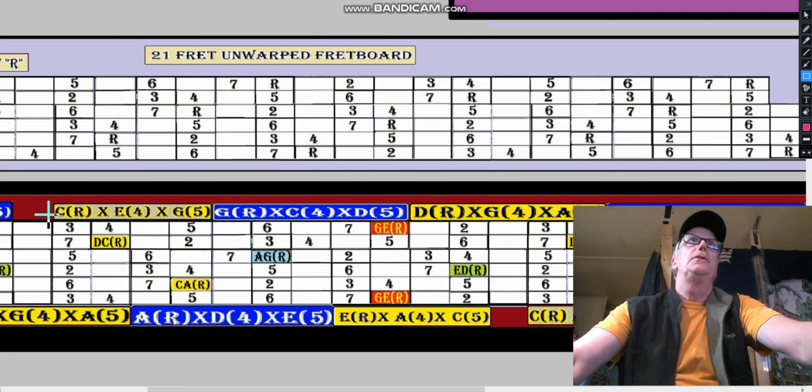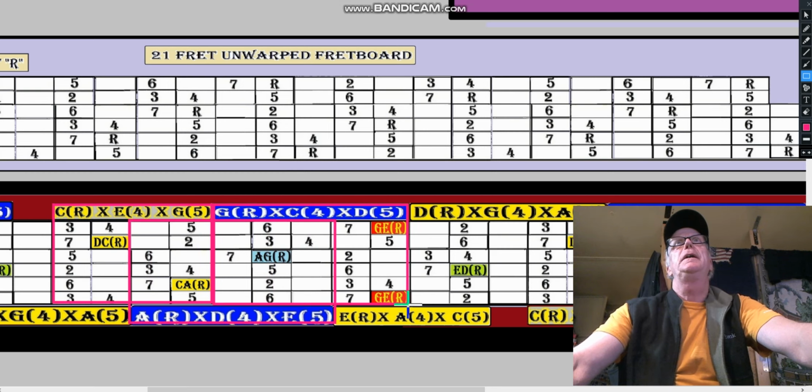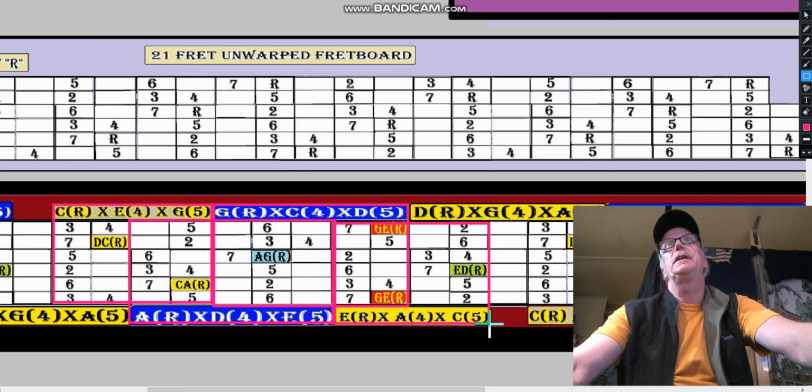This is the C box. The A box is here. The G pentatonic box is usually slightly bigger than that. And then of course the D box is here, it's just not showing.